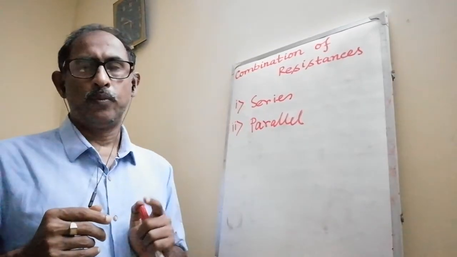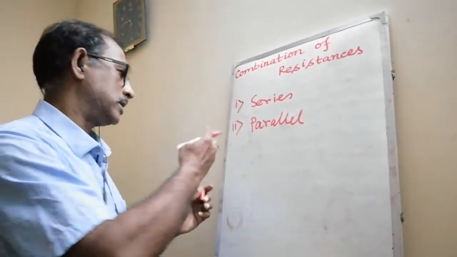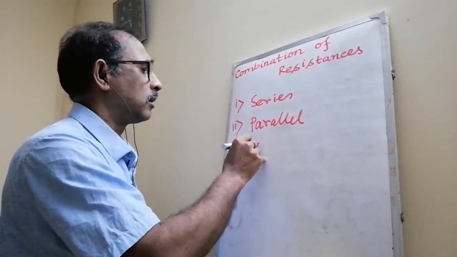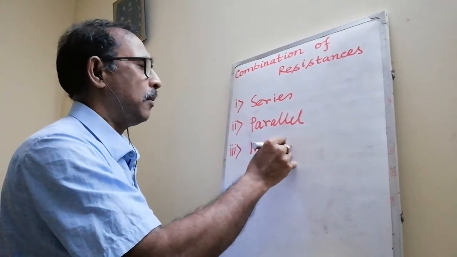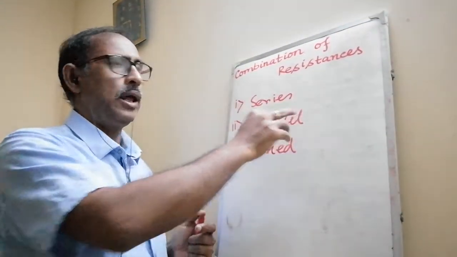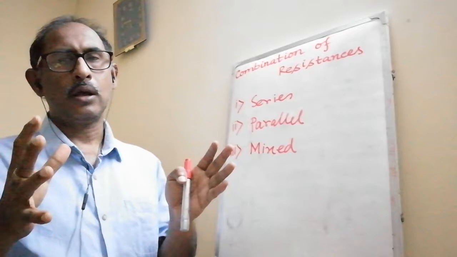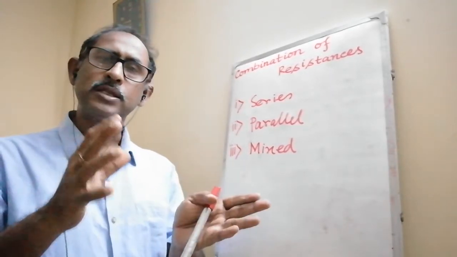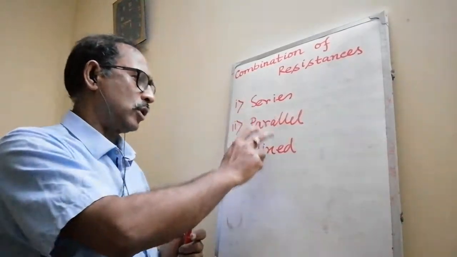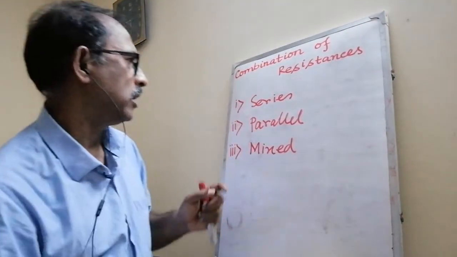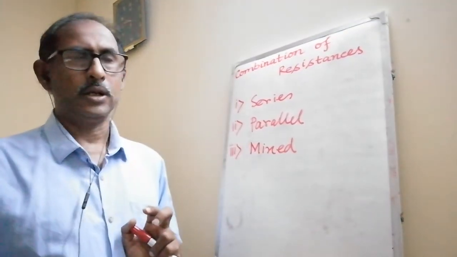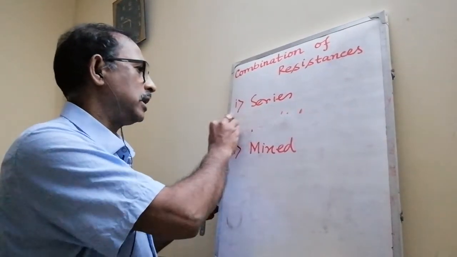Except these two, there is another combination known as mixed combination, where series and parallel combinations are mixed in a single circuit. These are the three types of combination. Here we discuss series and parallel combination. First of all, series combination.